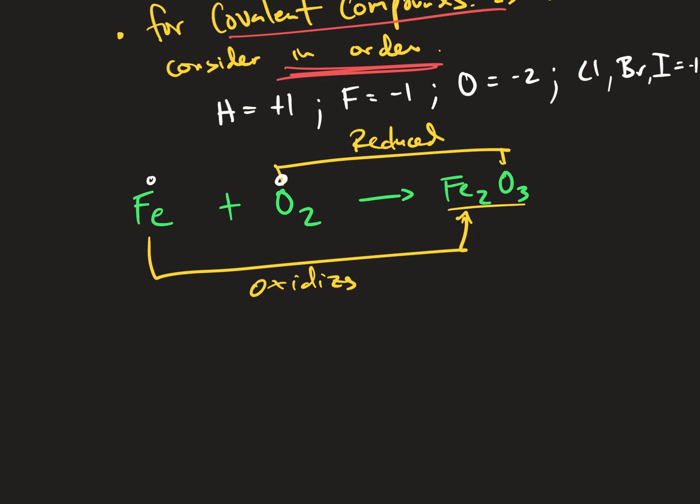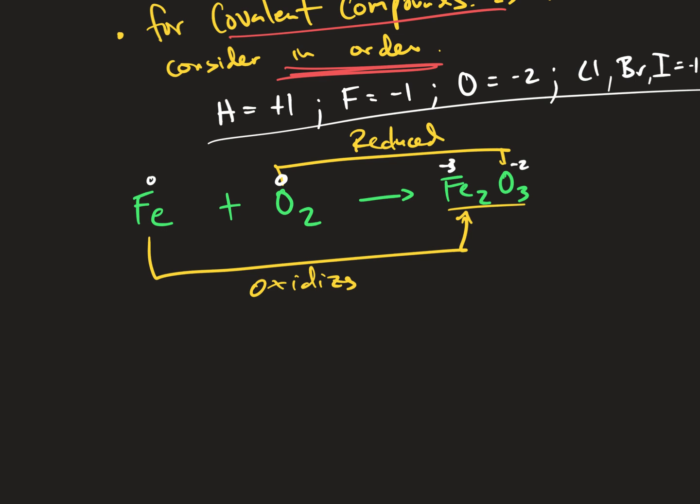Now we come over here, we have an ionic compound. This is 3 plus if we do this action, right? Remember that? We can figure out the charge, and this is 2 minus. This is not a covalent compound, so we don't follow this, right? That means this is -3, and this is -2. Which one is reduced? I always go with the reduced first, because the reduced element is the one that is reduced in charge.